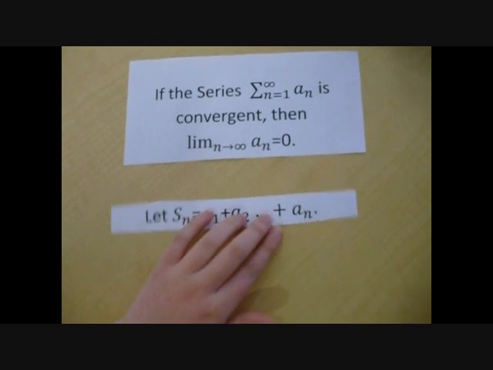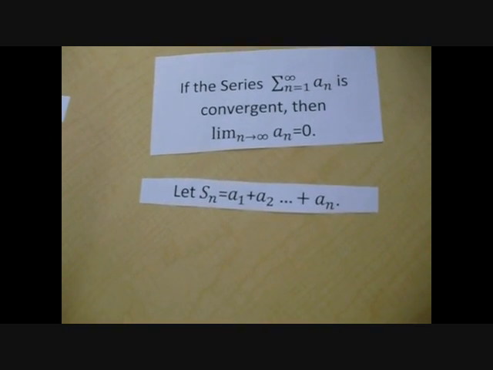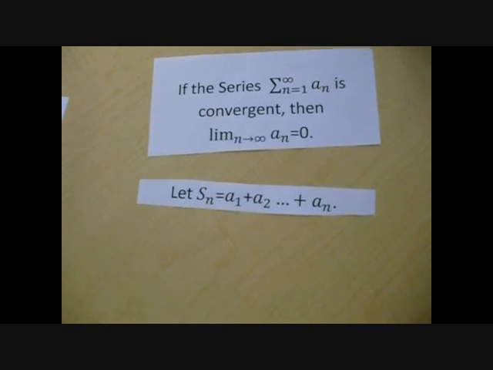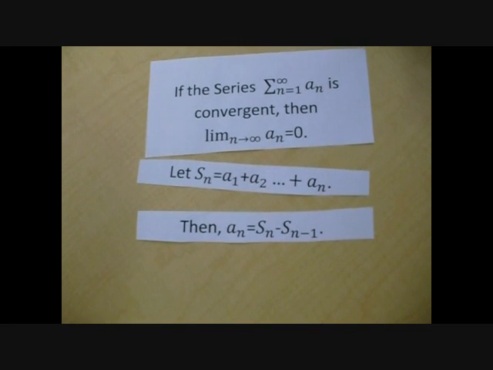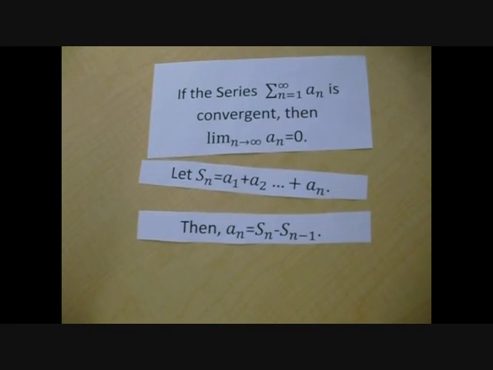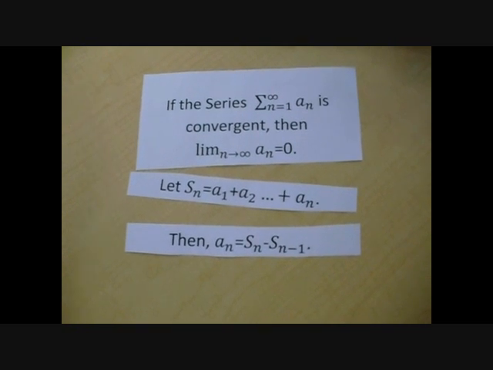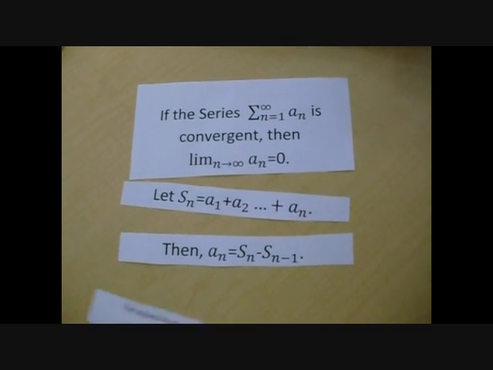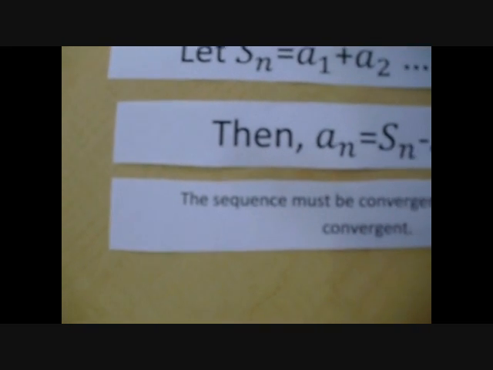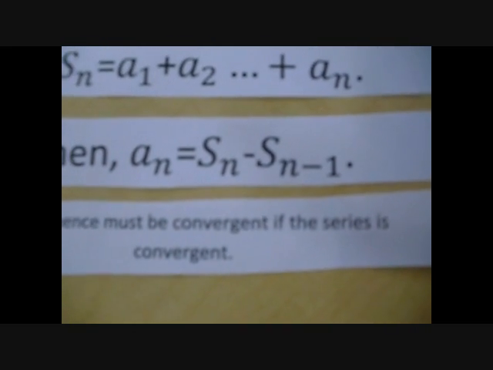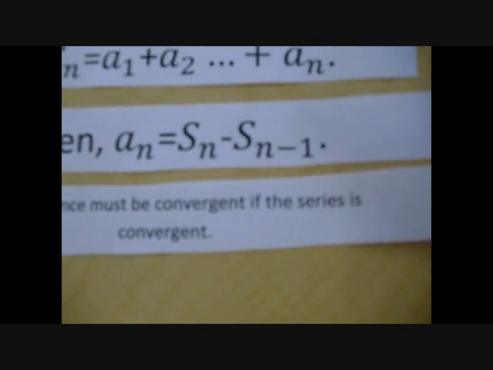First, let Sn equal a1 plus a2 and so on until an. Then any term of the sequence in the series must equal Sn minus its predecessor, Sn minus 1. By the clause that the sequence must be convergent if the series is convergent, it makes sense, since if the sequence is divergent, then the series would grow much bigger.